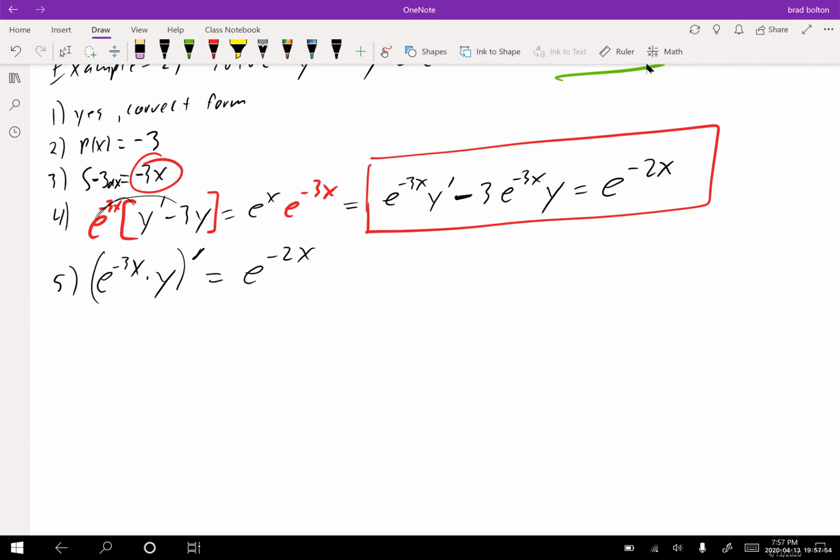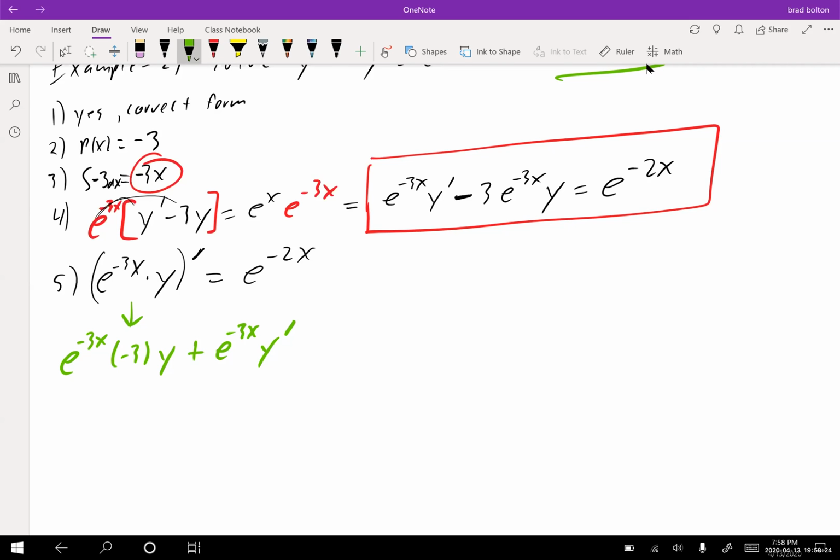Well, in reality, if you took this problem, and you don't have to do this, I just want to show you guys the scratch work for it. If you took this and found the derivative of this, wouldn't this be a product rule? Wouldn't it be e to the -3x times -3y plus e to the -3x times the derivative of y, which would be y prime.